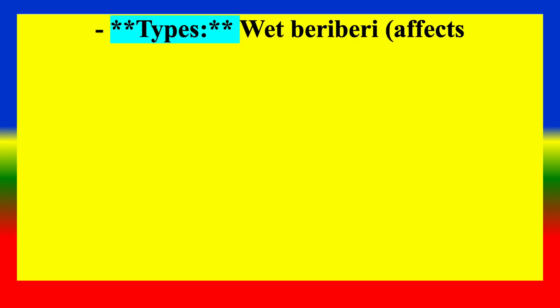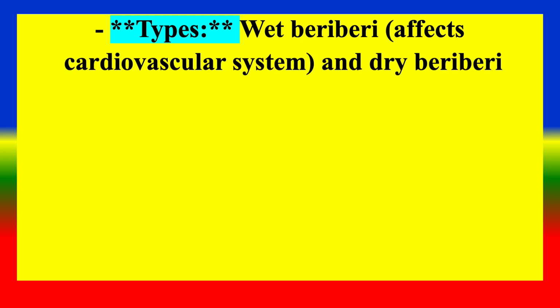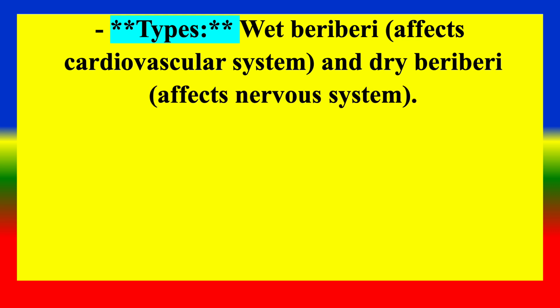Types: wet beriberi affects the cardiovascular system, and dry beriberi affects the nervous system.